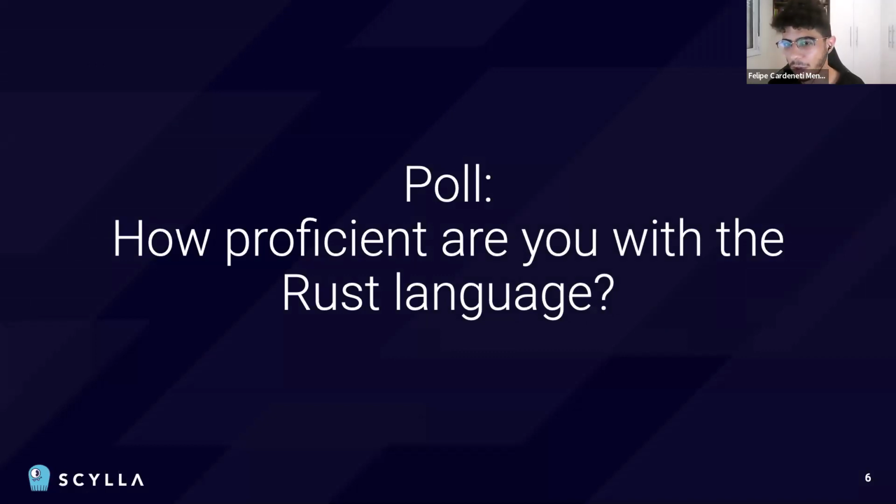So the first poll that we have today is, how proficient are you with the Rust language? And the options we have: Rust is my primary programming language. You are already in the state of building production applications, but it's not yet your main programming language. You are already using advanced features.